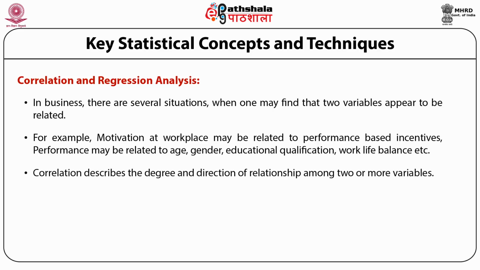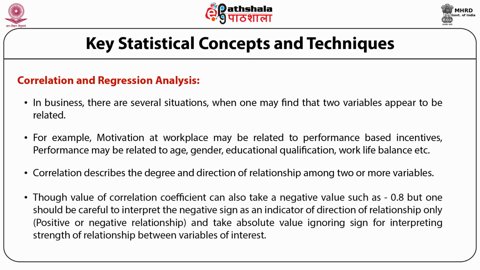Correlation describes the degree and direction of relationship among two or more variables, and its value always lies between -1 to 1, with values nearer to 0 indicating a weak correlation and values closer to 1 indicating strong correlation.